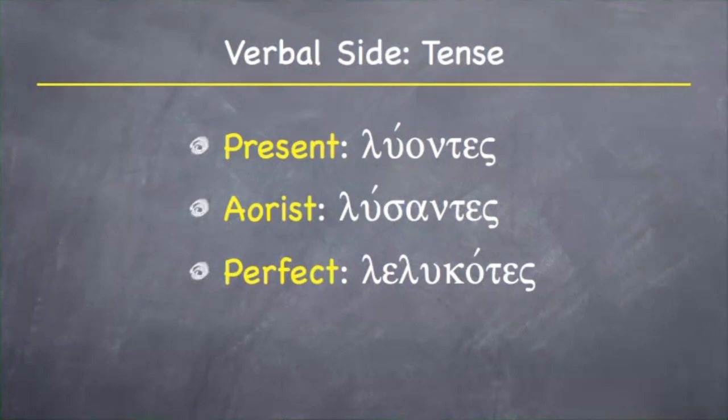In other words, participles stressing a continuous aspect, an undefined aspect, or the completed aspect. They will be built on the present, the unaugmented aorist, and the perfect tense stems. So you have luontes, there's your present, lusantes, there's your undefined or aorist, and lelukotes, there's your completed or your perfect, okay?